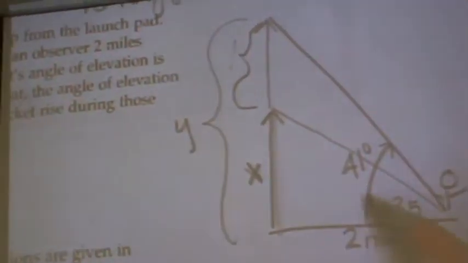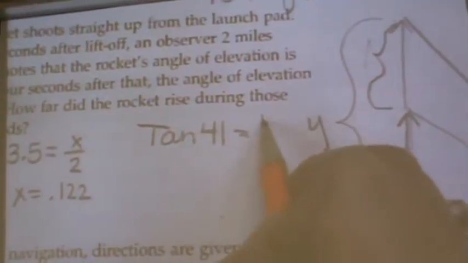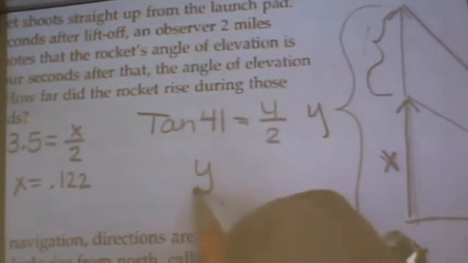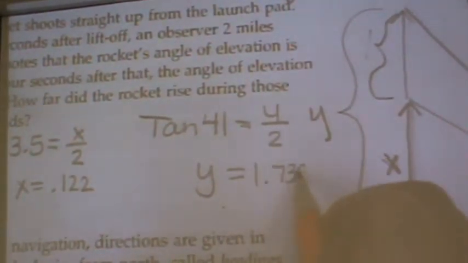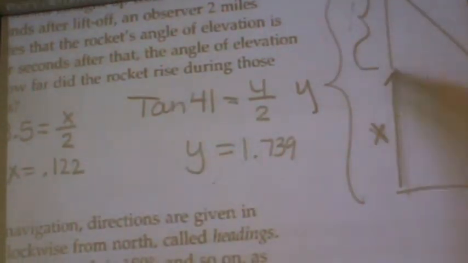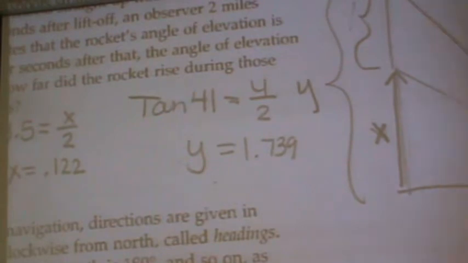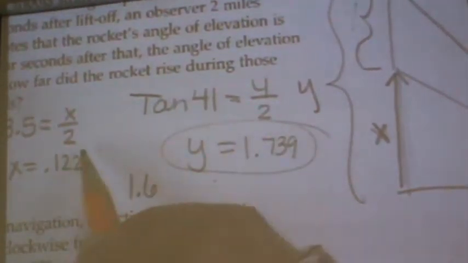So the angle is 41 degrees and this is 2 miles. So again, tangent of 41 is y over 2. And when you cross multiply, you get 1.739. And when you subtract these two numbers, you're going to do y minus x to figure out how far it went after that 4 seconds. It'd be 1.6. You're subtracting these two numbers.